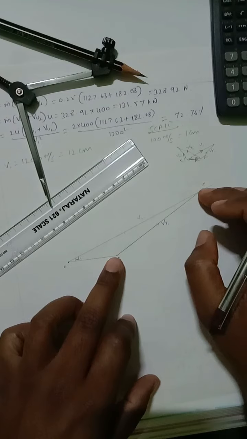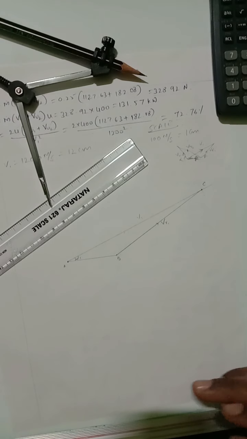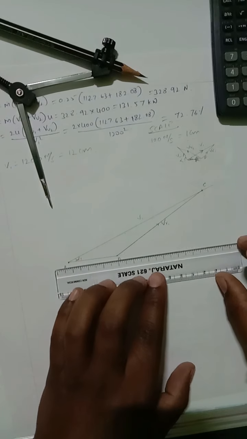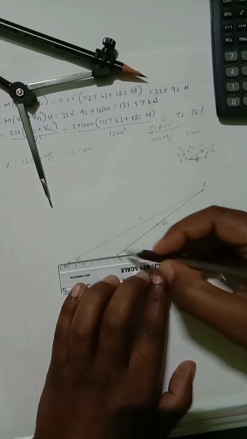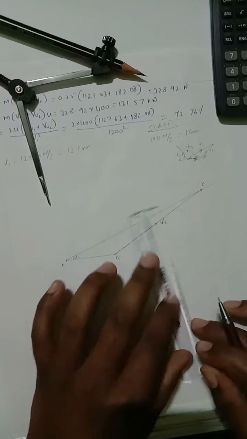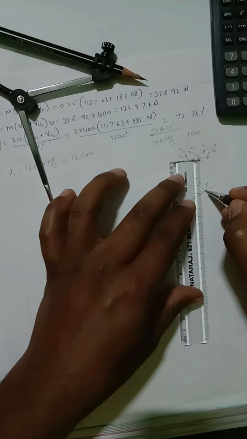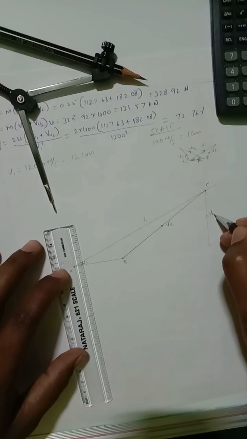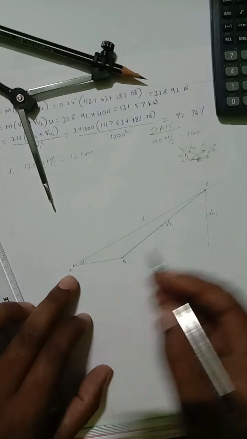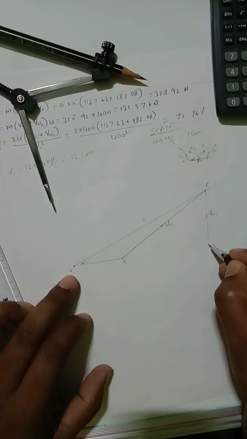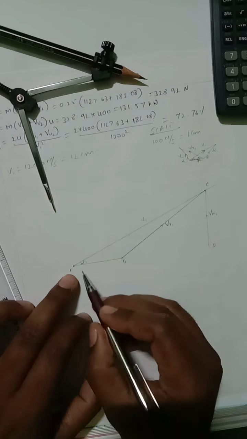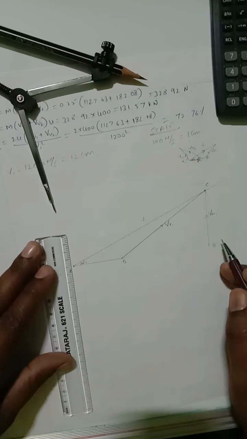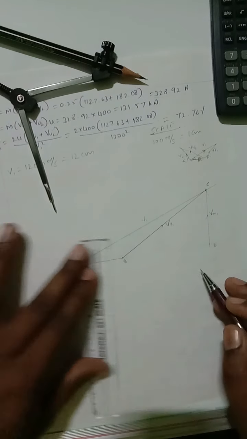If you measure this length and multiply with the scale, you will get the answer. Now I will just extend this slightly. So this is your VM1. Now I will call this point D. So this A to D is VU1. How much is it? We need to measure that.